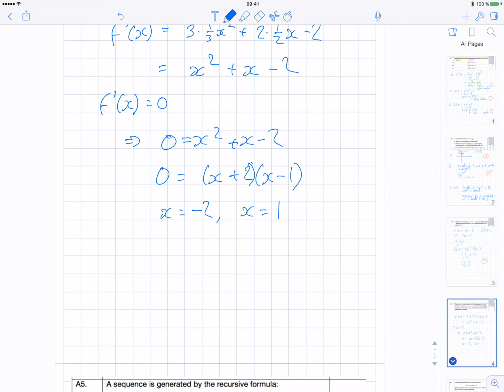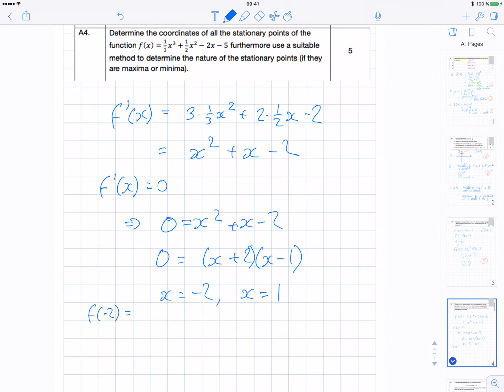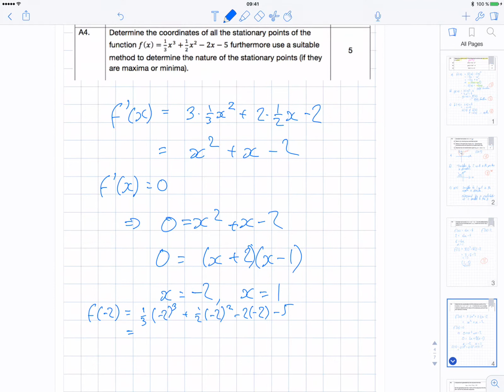So therefore I have f of minus 2 is equal to, beautiful this question, so I put in x, okay, so I have the third times minus 2 cubed plus a half times minus 2 squared minus 2 times minus 2 minus 5, which is equal to minus 2 cubed is minus 8, so that's minus 8 over 3.